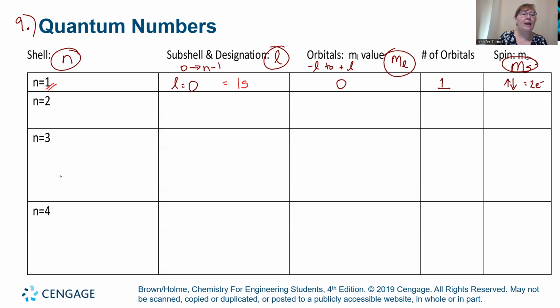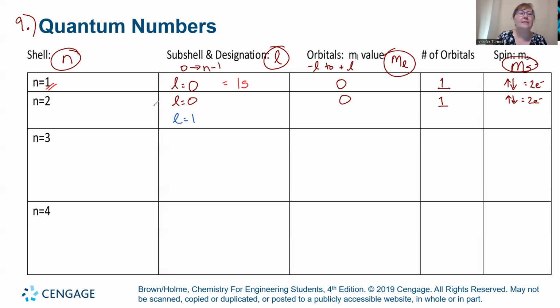Now, next, we have n is equal to 2. We're always going to have our 0 and 0 and 1 and our single set of 2 electrons here. So every single shell is going to have an l equal to 0. But this one, because it's 2, is also going to have an l value equal to 1.